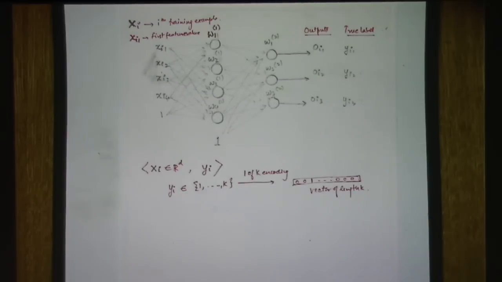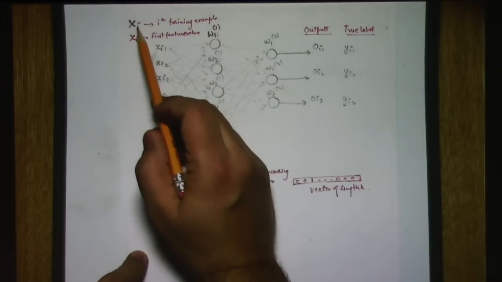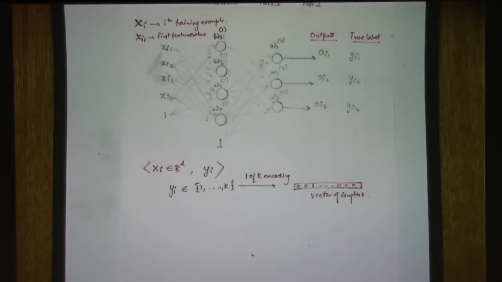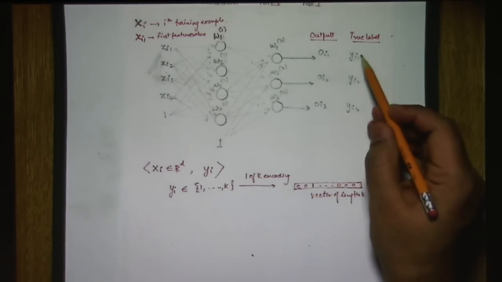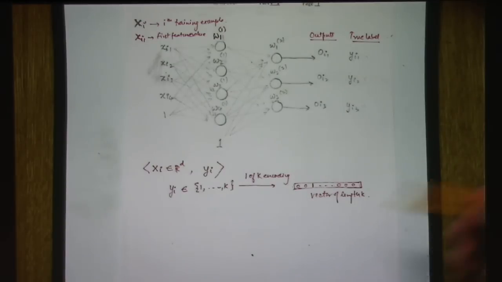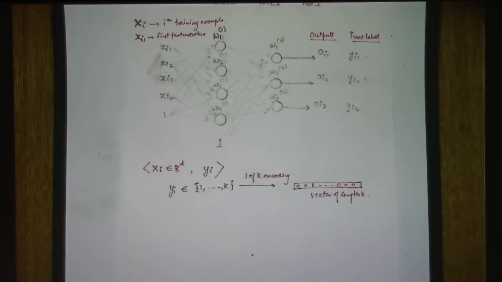Let's say for this example yi was 2, belonging to class 2. Then this vector will just be 0 1 0; the second value will be 1. If it belongs to class 3, it will be 0 0 1. That's the only thing. Any questions? Okay, so now we can compute the loss by comparing these.